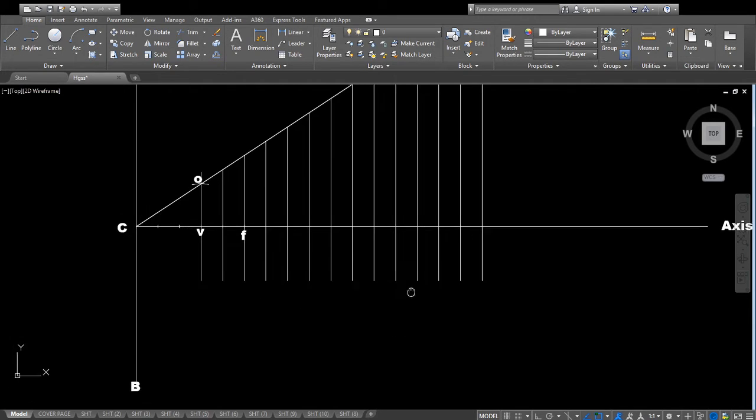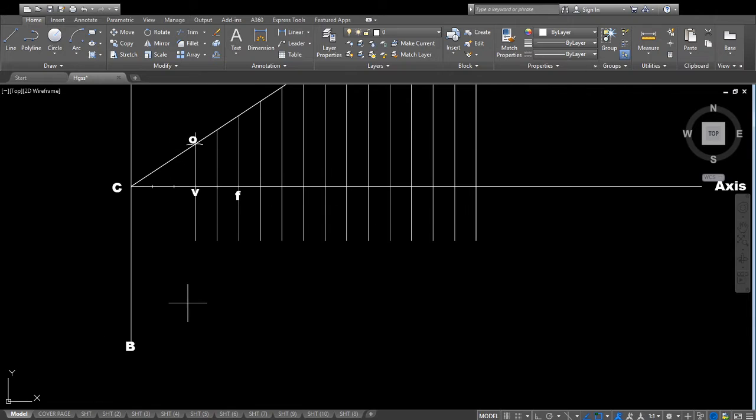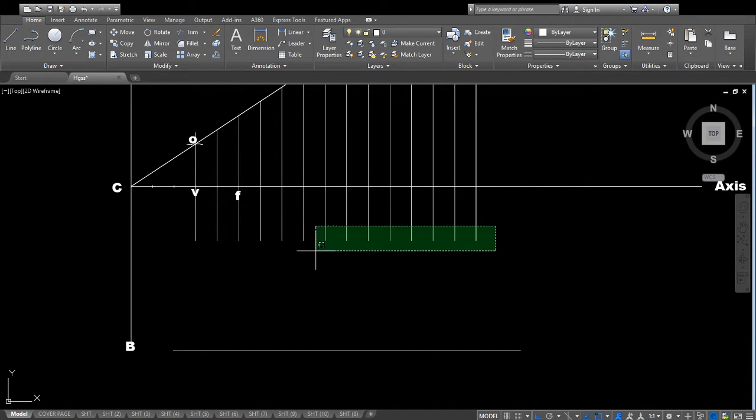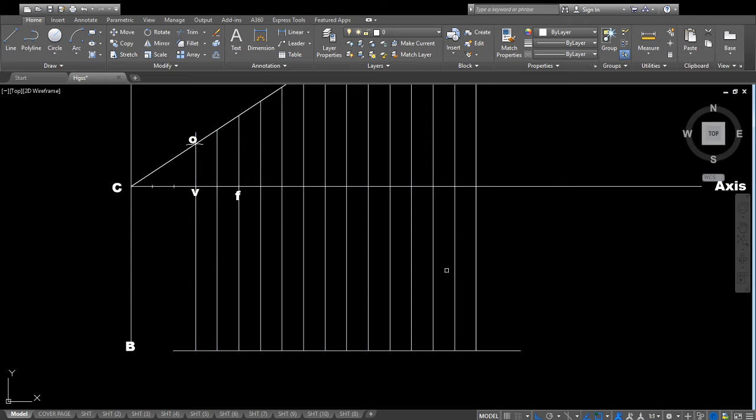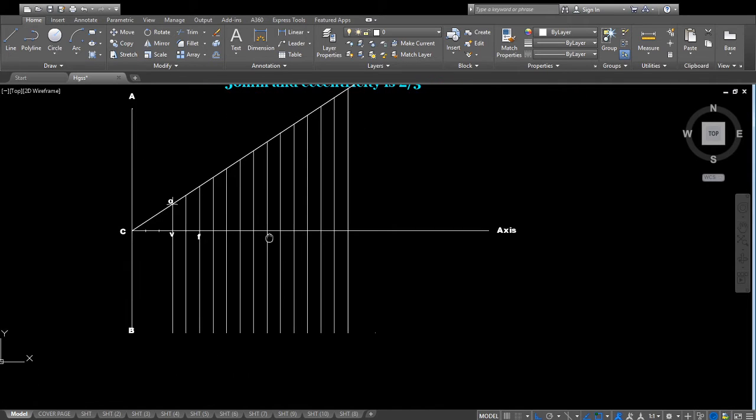Now we need to extend this downward as well, because we don't know where our point will end, so let's extend this as well. Now we have something like this.